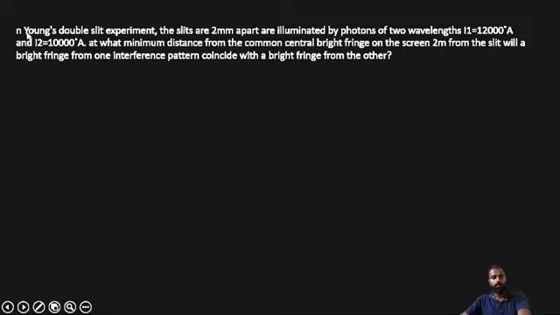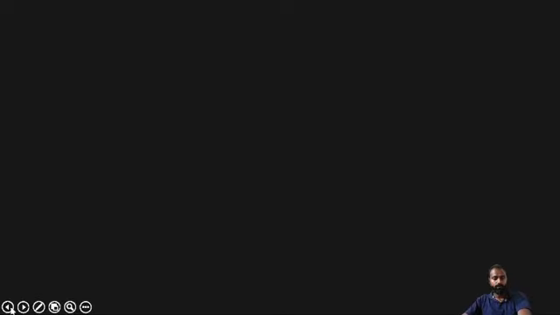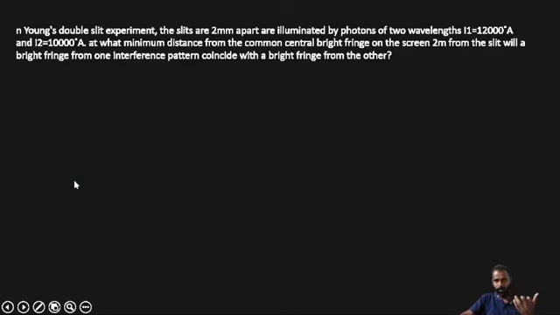Okay, so I will read the question. In a Young double slit experiment, the slits are 2 millimeter apart and are illuminated by photons of wavelengths lambda 1 equal to 12,000 angstrom and lambda 2 equal to 10,000 angstrom. What minimum distance from the common central bright fringe on the screen 2 meters from the slit will a bright fringe from one interference pattern coincide with a bright fringe from the other?